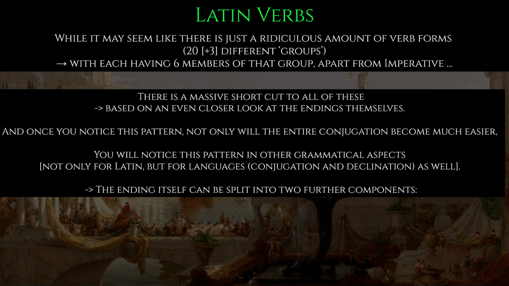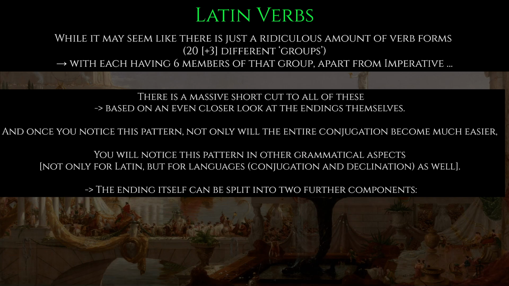Now, while it may seem like there's just a ridiculous amount of verb forms, 20 plus 3 different groups. Now, because future 1 has 2 different conjugation patterns, depending on what conjugation a verb is. This goes for active and passive, and the imperative, which only has, obviously, singular and plural.